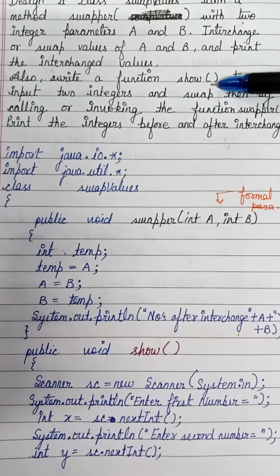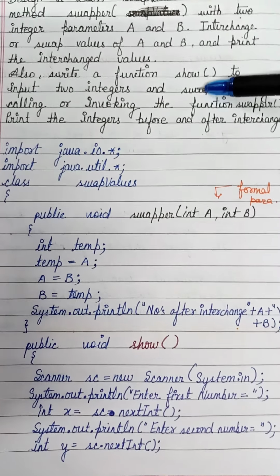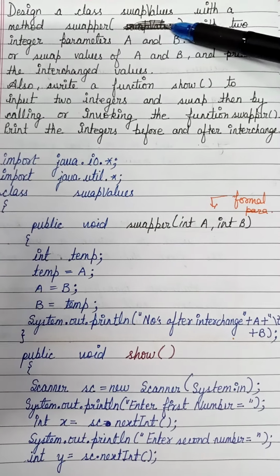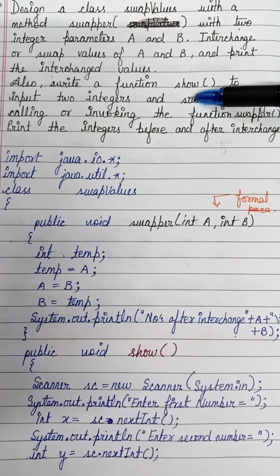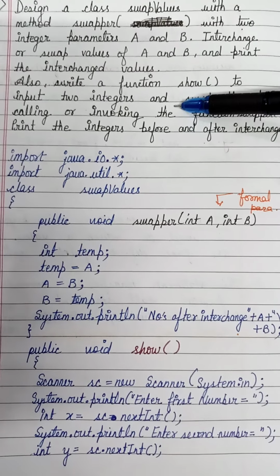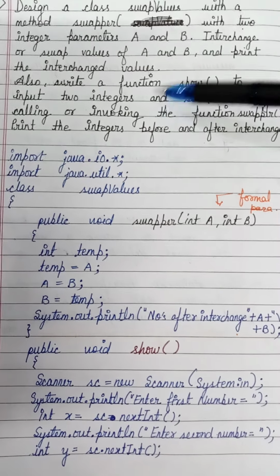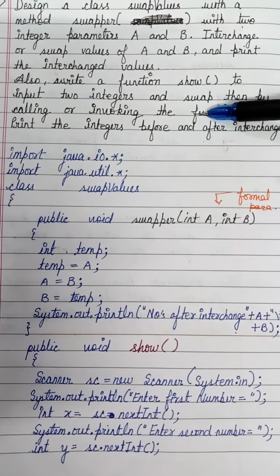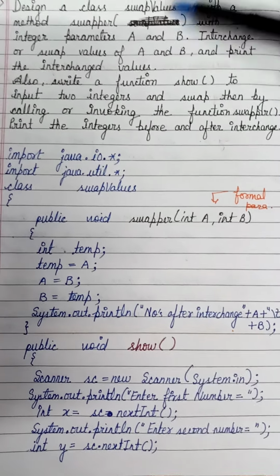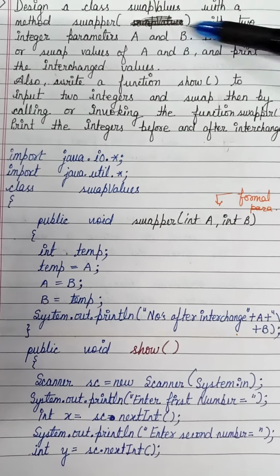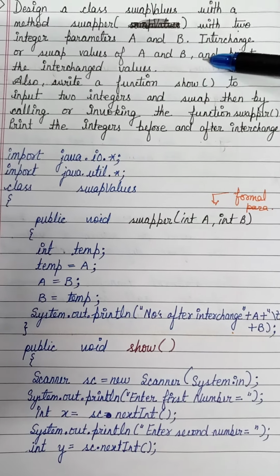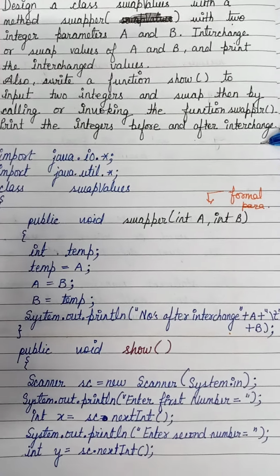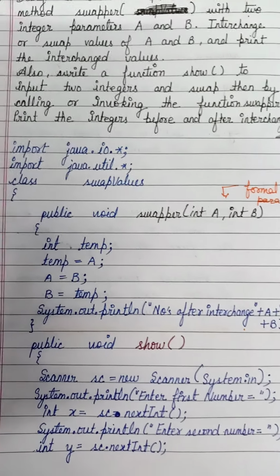You will be passing the two integers, whatever you are receiving within show, to the swapper function while invoking the function. And this function will interchange the values, and you have to print the values before and after interchange.